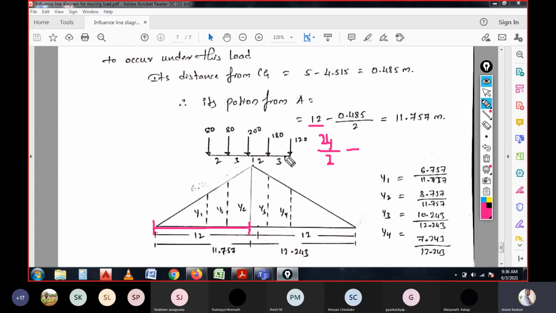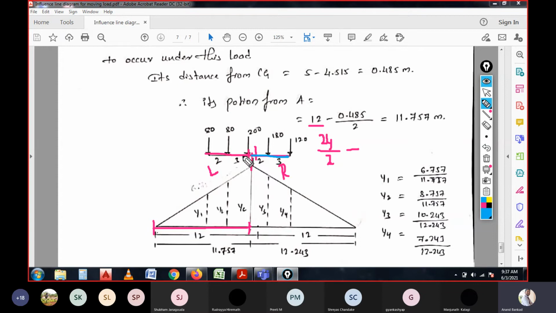Distance by 2 is considered because the distance up to here is 0.485, and that distance needs to be divided equally on either side, the right hand span and the left hand span. So for equal distribution we consider half, and that half needs to coincide with the total length. That is considered on the right side, and the remaining will be on the left side.